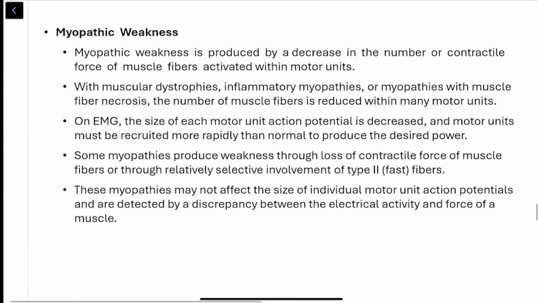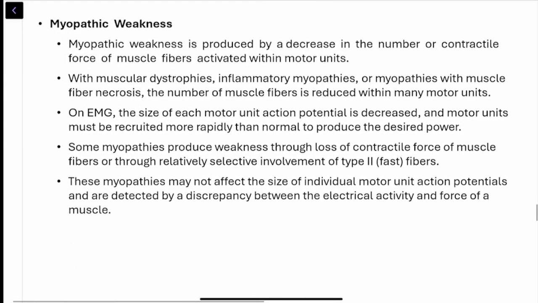Another is myopathy. Myopathy is produced by a decrease in the contractile force of muscle fibers activated within motor units. Myopathy means the muscle itself is weak. Everything else is normal. Brain is normal, spinal cord is normal, anterior horn cell is normal, peripheral motor nerve is normal. But the muscle fiber or the muscle cell itself is defective.